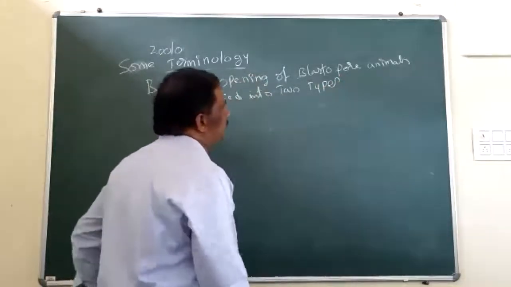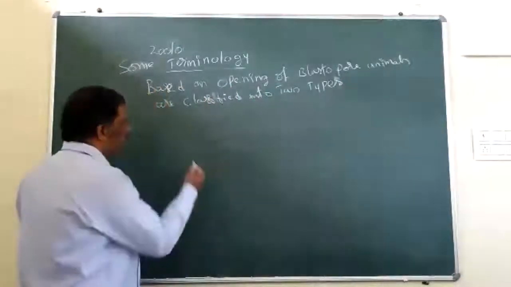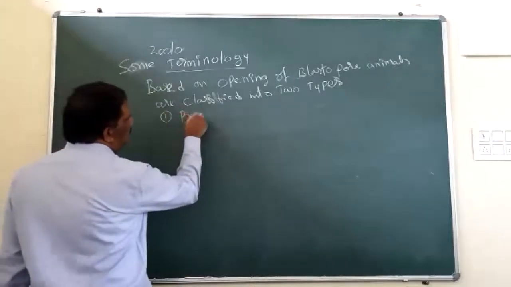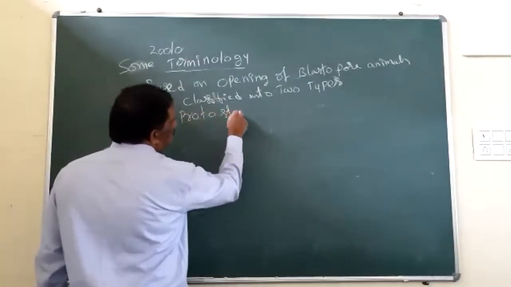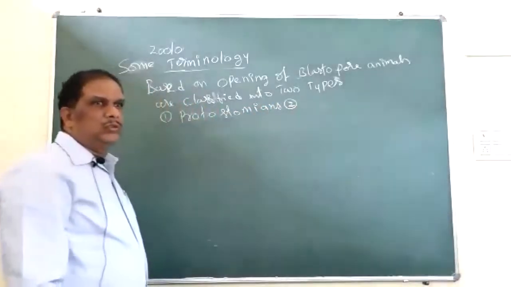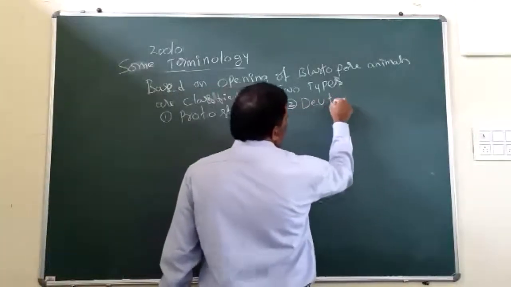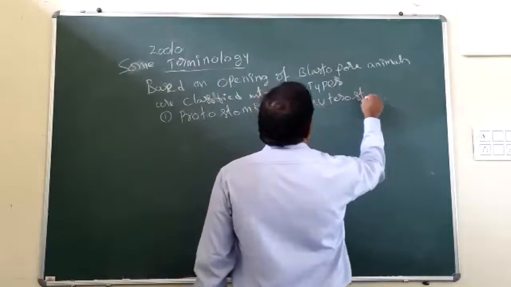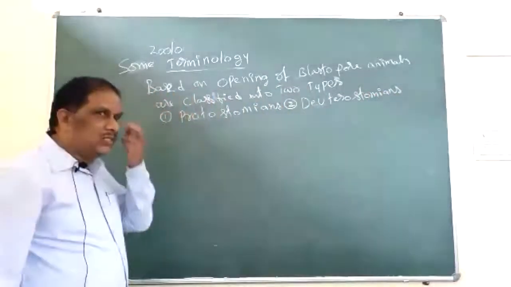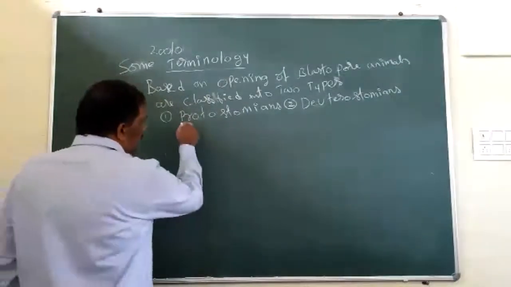One is protostomians. Second one is deuterostomians.